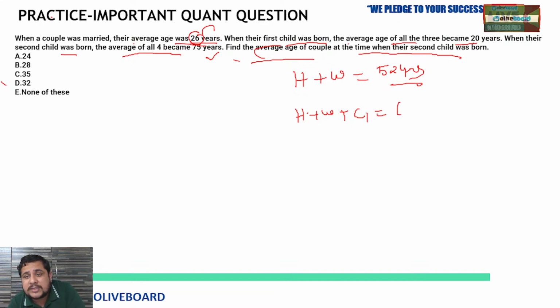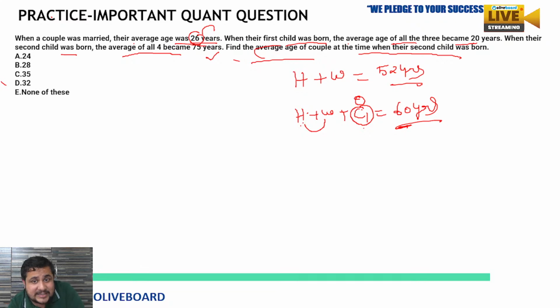So 20 into 3, sum will be 60 years. But at this moment when the child was born, that child's age was 0. So this must be the sum of husband and wife's age. So you will say yes, that was 60. So during this time period, their average age was 30 years, right? Because 60 is their sum, so 60 by 2, 30.